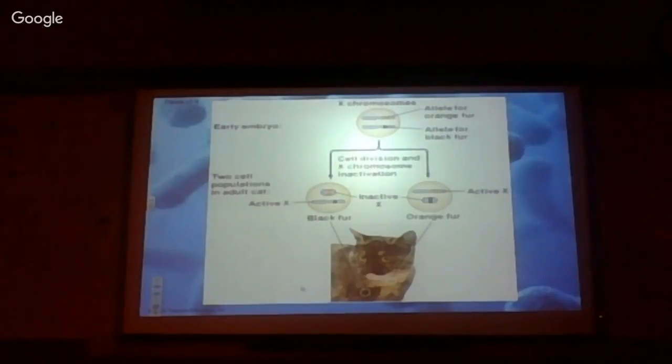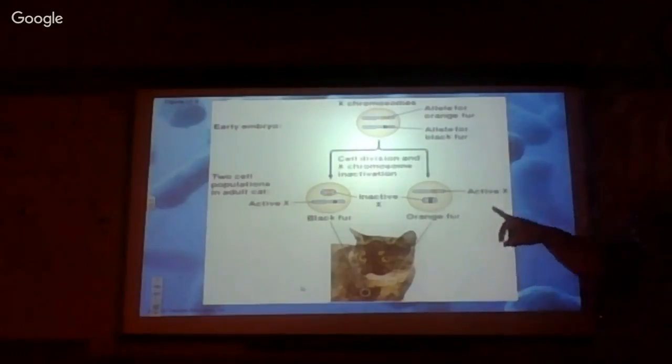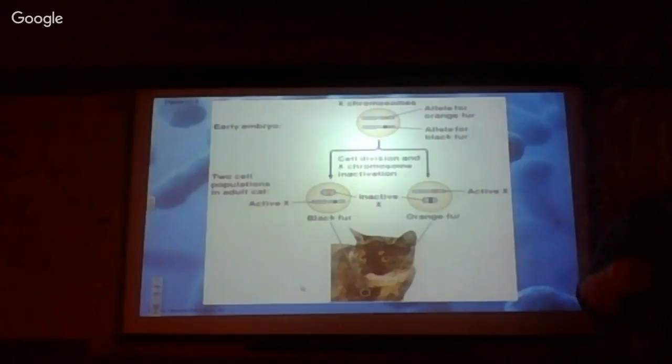But when the X inactivation takes place in embryonic development determines how much of that black and orange fur you have. So if X inactivation occurs very early in embryonic development, then you're going to have a cat that has a lot of black, a lot of orange in it.